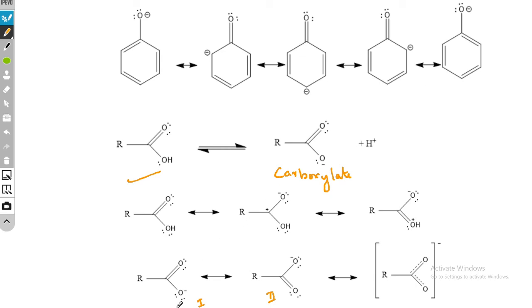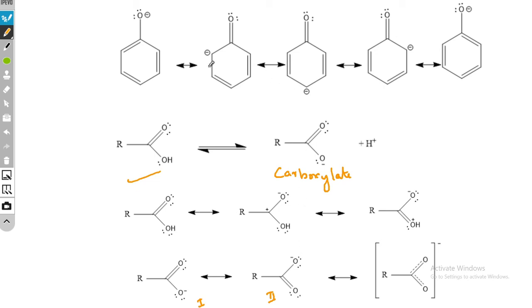But still, here you can see that the negative charge is on oxygen. What is the peculiarity of oxygen? Oxygen is an electronegative atom. So this negative charge is present on electronegative oxygen. Here also it is present on electronegative oxygen.